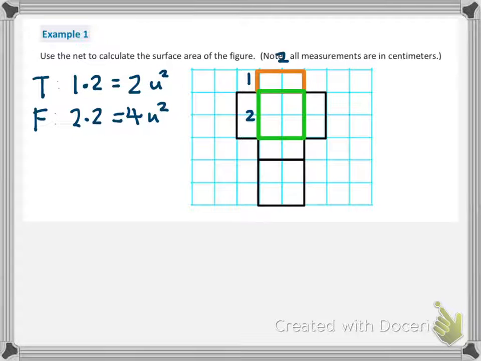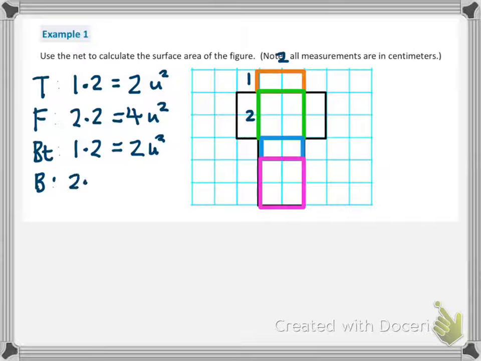The bottom will be this rectangle here, which is a 1 by 2. That's 2 square units. And let's get another rectangle out here. This is going to be the back, and the back is a 2 by 2. So the back is going to be 2 times 2. That's 4 square units. And then we need a right side and a left side.